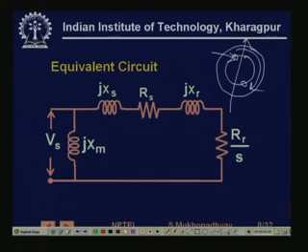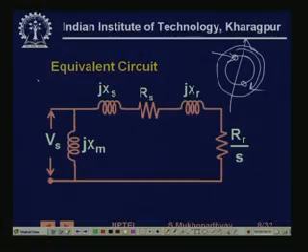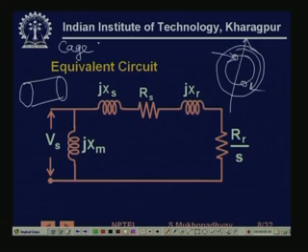Once it induces EMFs, the rotor coils are nothing but bars on the rotor. There are various types of induction motors. We are talking about cage rotor machines. There are cage rotor and wound rotor machines.